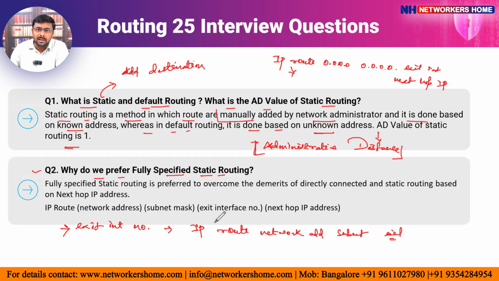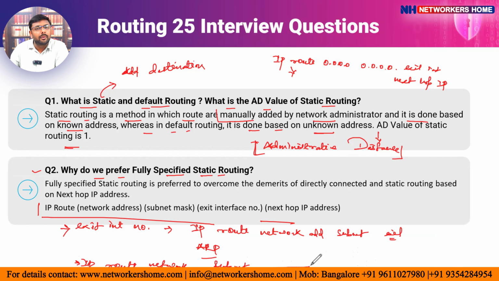Each time the packet is generated, an ARP packet will be required for that. To overcome that, we have fully specified static routing. One more method of static routing is where we give IP route, the same network address, then the subnet mask, and at last the next hop IP address.